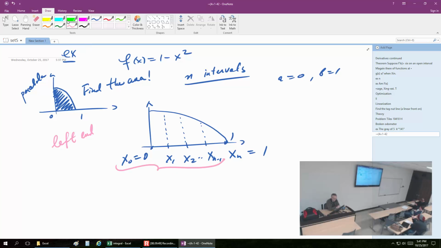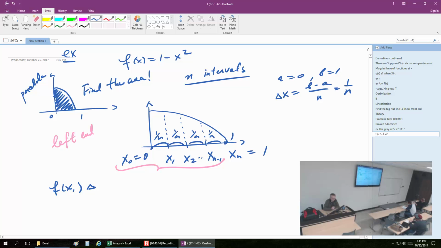Okay, then we are computing the value of the function. I'll have f of x1 times delta x. Well, let's go compute delta x. Delta x is (b minus a) over n, which is simply 1/n. Okay, so this is 1/n. Now I'm multiplying.